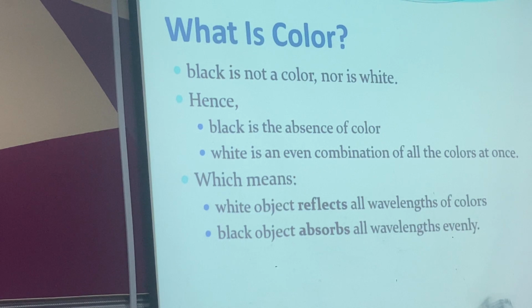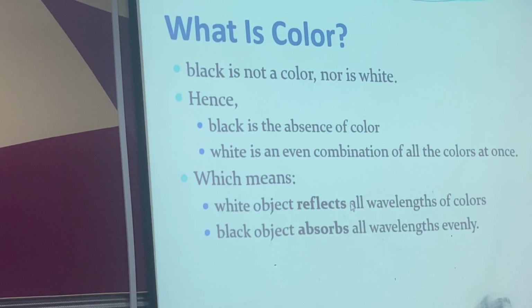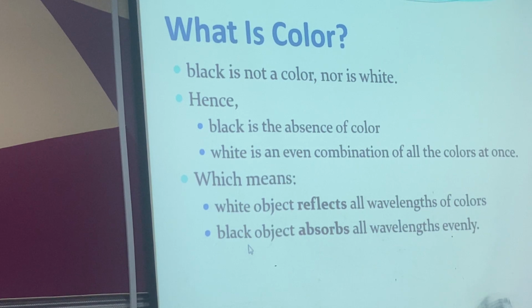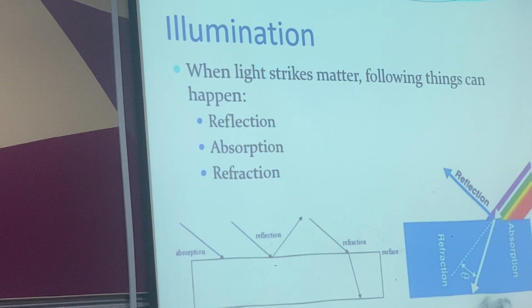So white objects are the ones that reflect all the wavelengths. Those very bright objects reflect all the wavelengths of the light, then you see white. Black is the object that absorbs all the wavelengths evenly. So in RGB, 0, 0, 0 gives black, and 1, 1, 1 gives white. Remember this, should be easy.